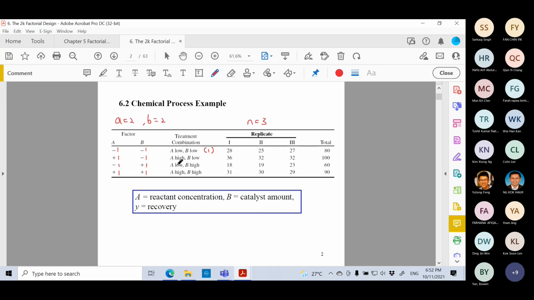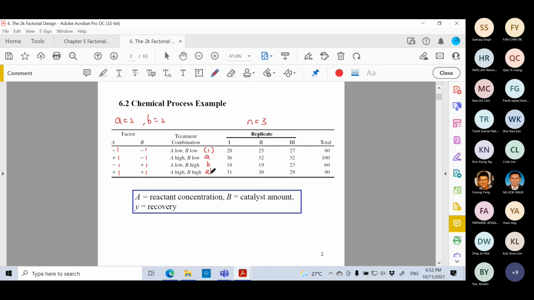Okay, for those at the high level, we label them with their letter. For example, when A is at the high level, you use the notation a. For B at the high level, we use the notation b to represent that the high level occurs in factor B. Then if both of them are at the high level, we use ab to represent it.